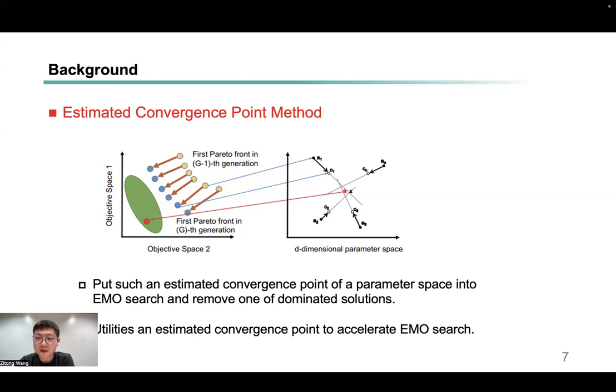We put such an estimated convergence point of a parameter space into EMO search and remove one of the dominated solutions. EMO search should be enhanced considering such search information, and the hopeful EMO algorithm can find more non-dominated Pareto solutions quickly.